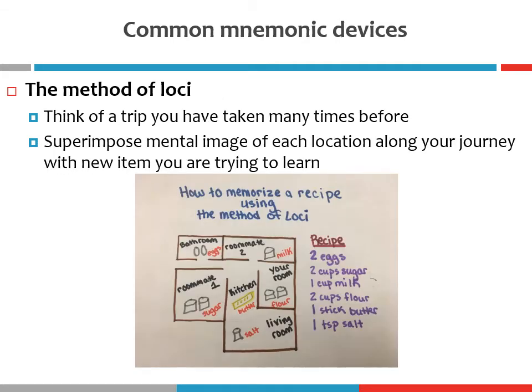Okay, so real quick, I'm just going to go through the two mnemonic devices that you watched in the videos. So the first one is a mnemonic called the method of loci.